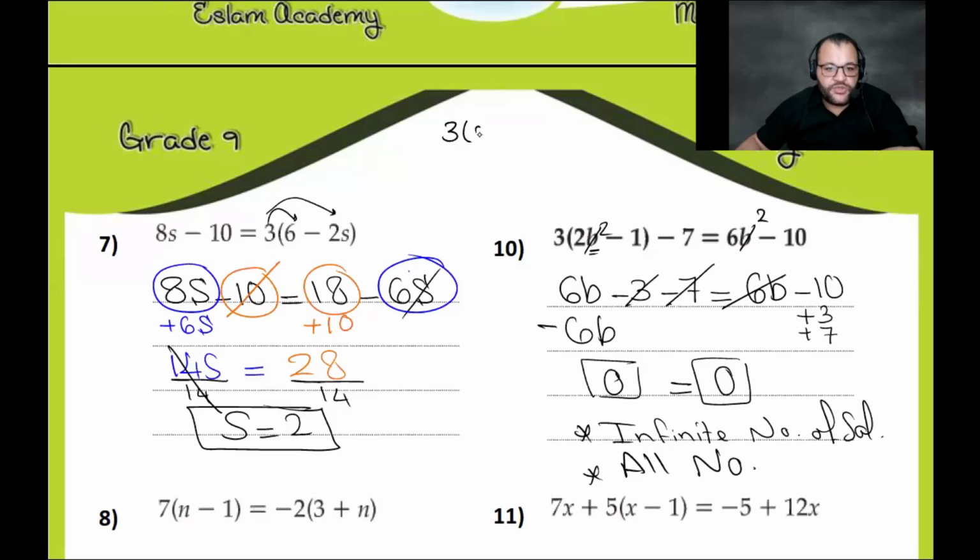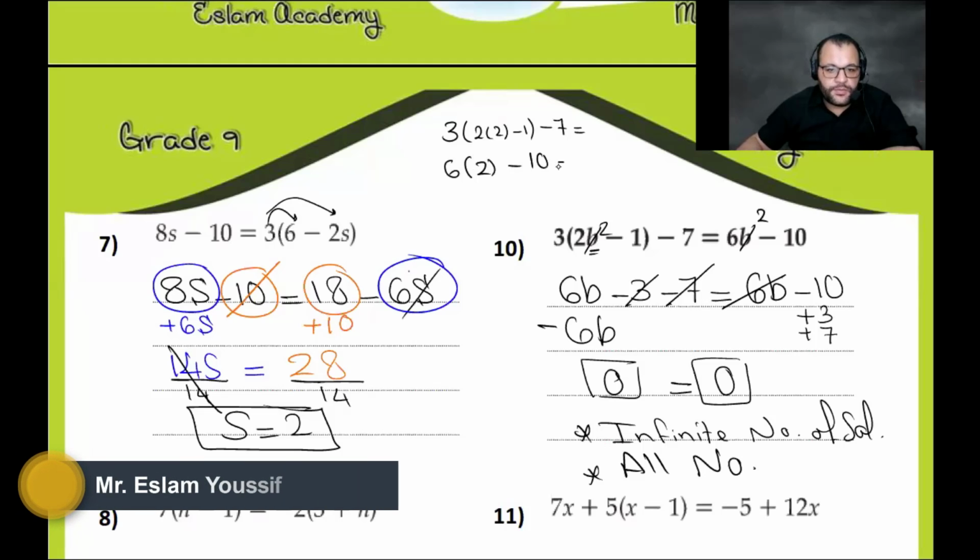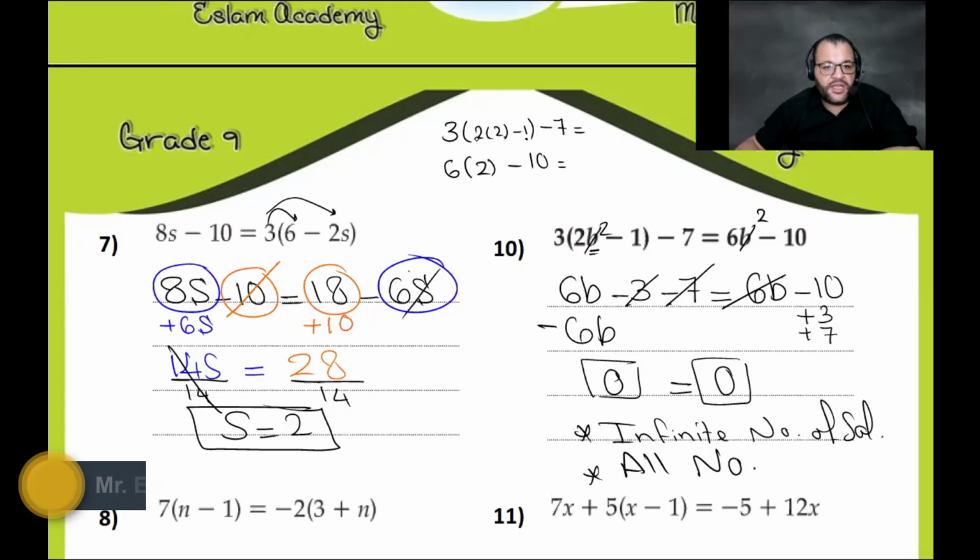It's 3 times 2 times 2 minus 1 minus 7. 2 times 2 equals 4, minus 1 equals 3, 3 times 3 equals 9, minus 7 equals 2. Then 6 times 2 equals 12, minus 10 equals 2.